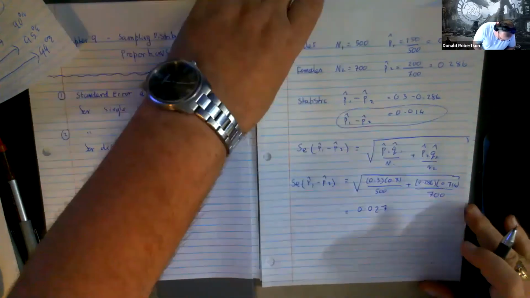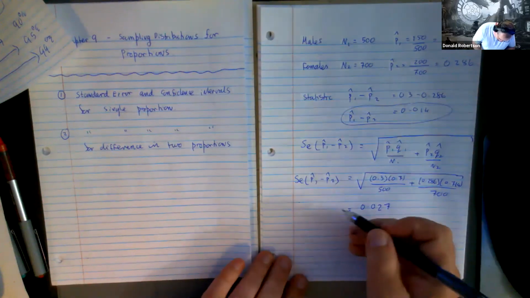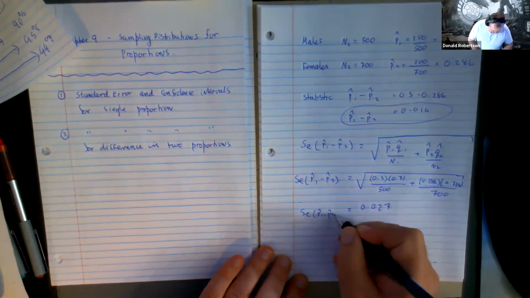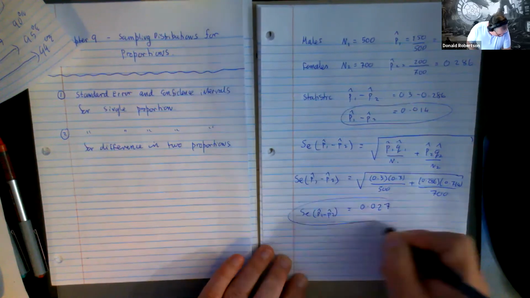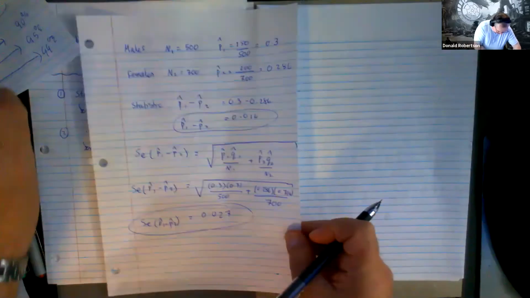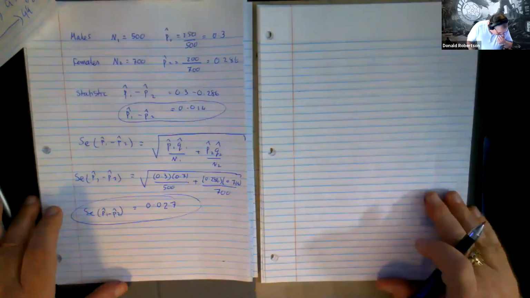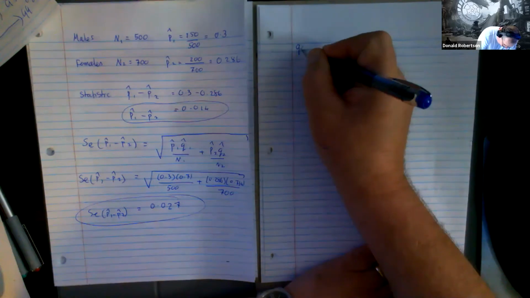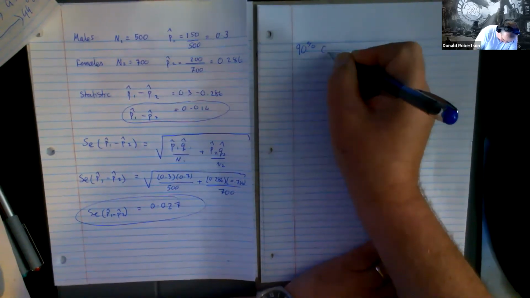So we now have the standard error. And I want the confidence interval, and I'm picking it this time. I'm going to pick a 90% confidence interval.